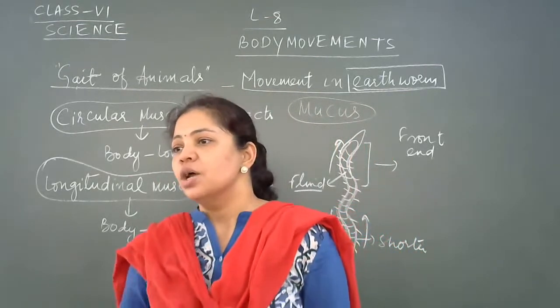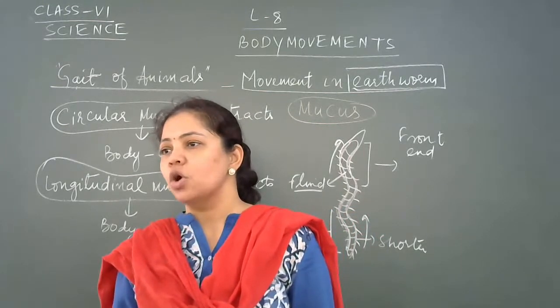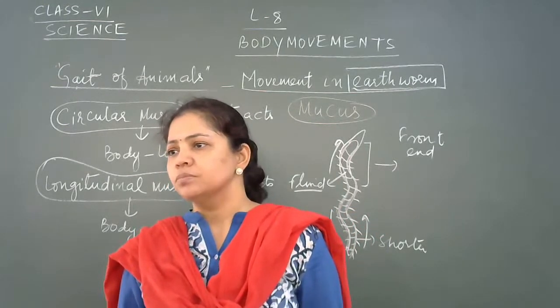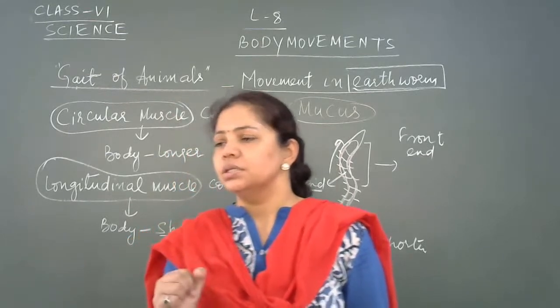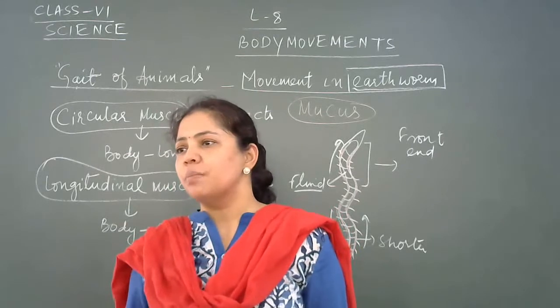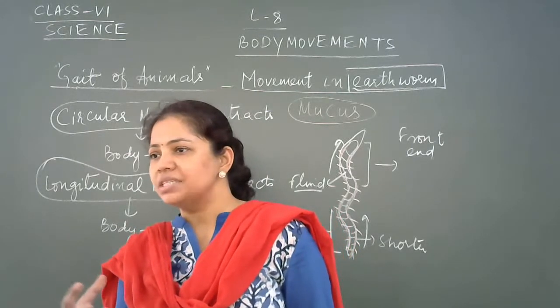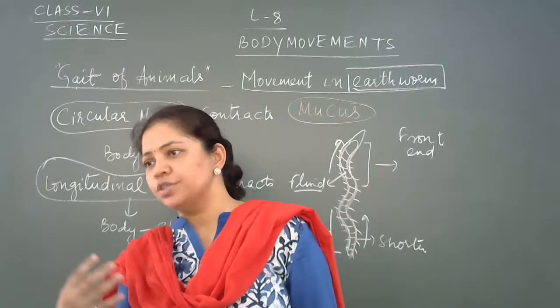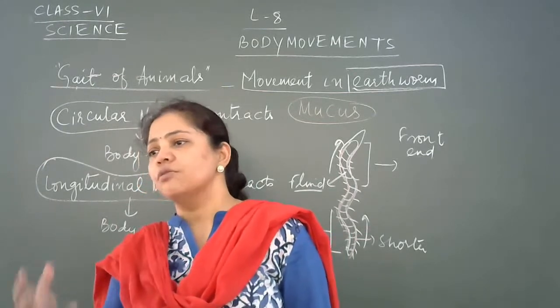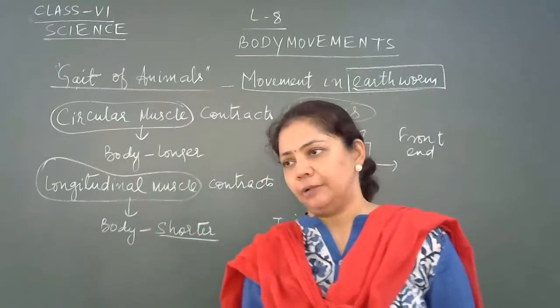Anybody else? Okay, from login ID colors, my life, earthworm eats all the insects of the farm. Okay. Then from Sayukta, it makes the farmer soil soft. Okay. Most of you are writing makes the soil soft. From login ID Shekhar Singh, because it makes the soil fertile.